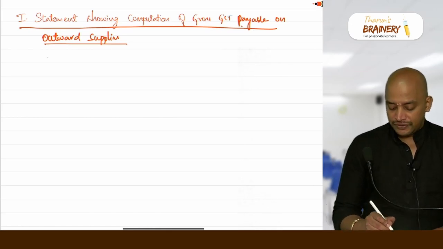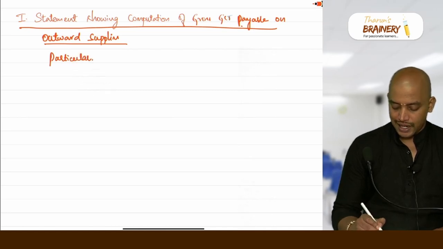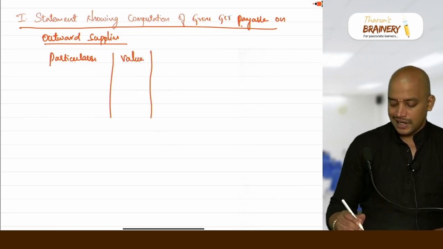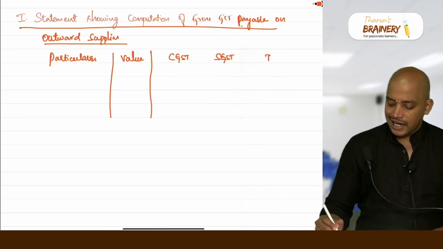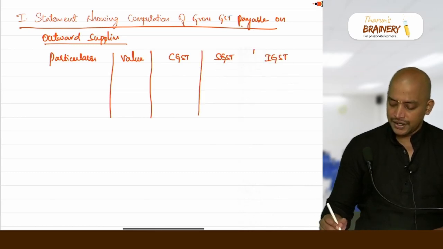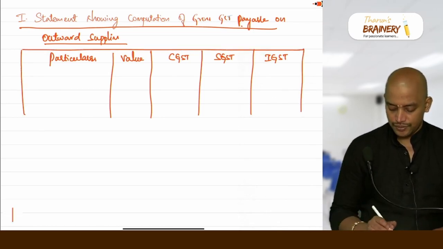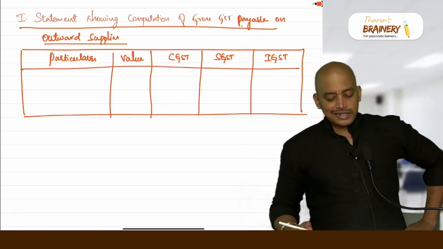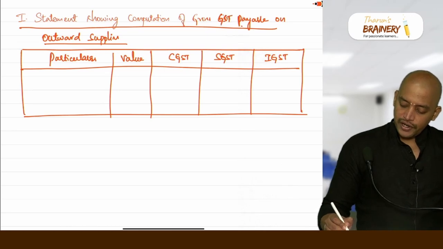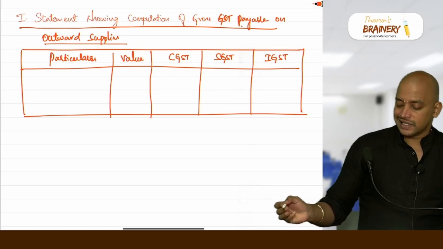First we will take particulars, then value, and then CGST, SGST, IGST, into the respective columns. Statement showing computation of gross GST payable on outward supplies: particulars, value, CGST, SGST, IGST.